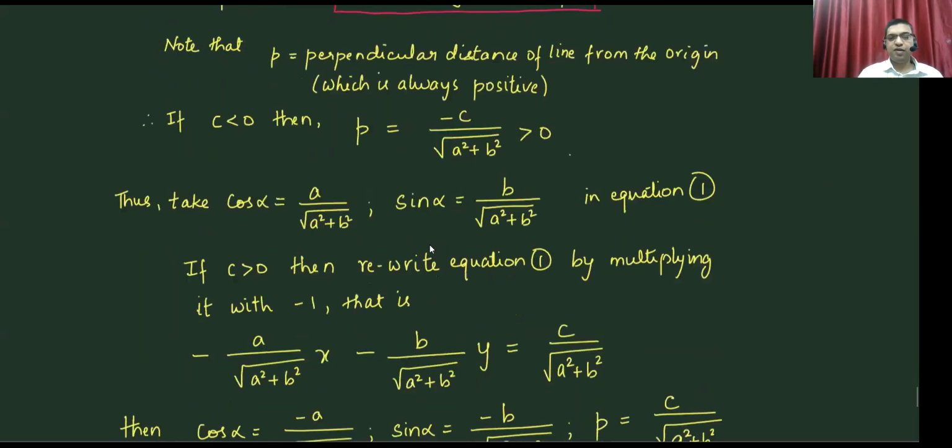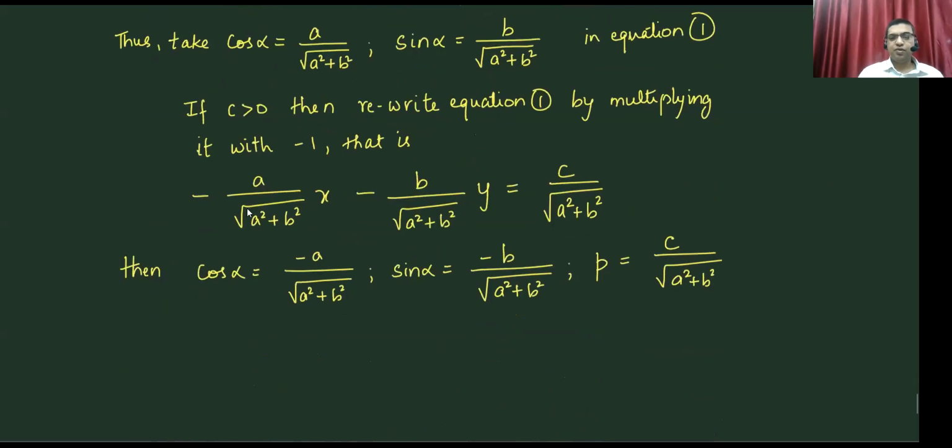When we multiply with minus 1, you get minus a by root of a square plus b square times x minus b by root of a square plus b square times y equal to c by root of a square plus b square. So this right hand side is the perpendicular distance p. Then the coefficient of x will be cos alpha, coefficient of y will be sin alpha.